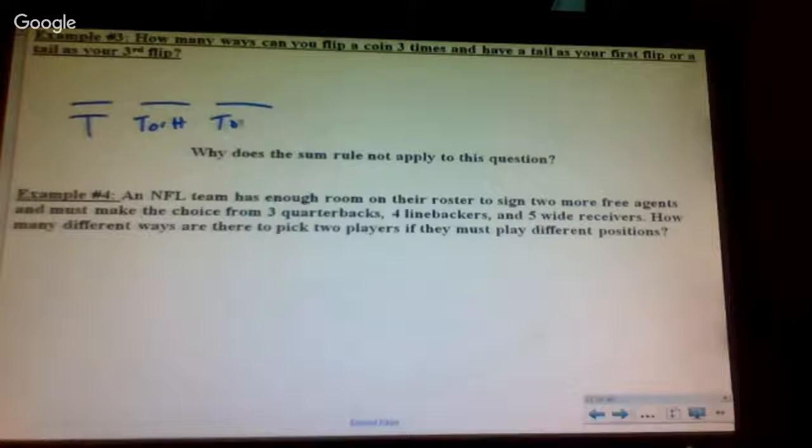This can be tails or heads. It doesn't matter. How many options do I have for tails? I'm flipping a coin. 1. That's it. And the second one, I don't care if it's tails or heads, so I've got 2 options. The third one, I don't care either, so I have 2 options. So this way I have 4 options.